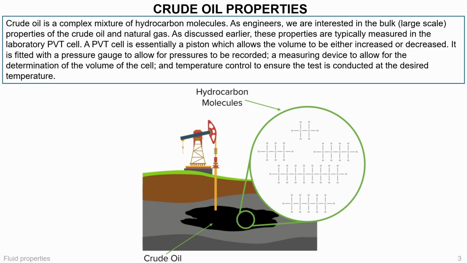These properties, like oil formation volume factor, oil compressibility, viscosity, and gas-oil ratio behavior, are measured in the PVT cell under controlled pressure and temperature. The key teaching point here is, crude oil properties are not constant numbers, they change strongly with pressure and temperature.